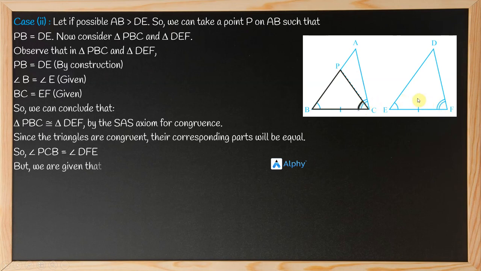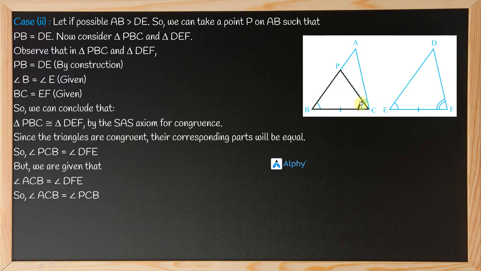But we are given that angle ACB, this whole angle, is equal to angle DFE. So we are given that ACB is equal to DFE and we have proved that PCB is equal to DFE. So angle ACB is equal to angle PCB.